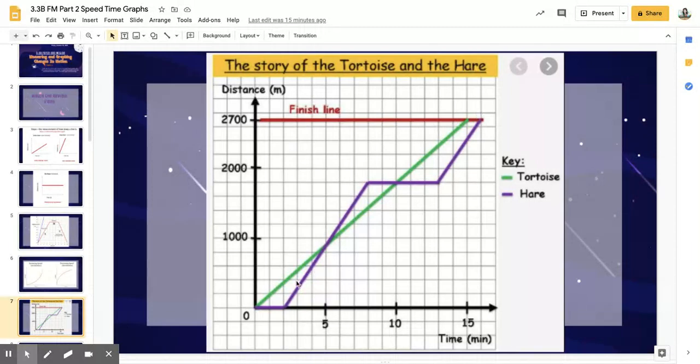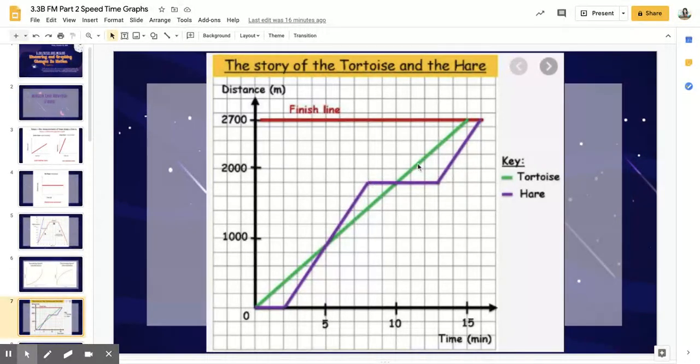The hare, on the other end, at the starting line, did he start right away? No. We see a purple horizontal line. What does that mean, horizontal lines? That means that he had stayed for 2 minutes. He had stayed put, didn't move. And then at the 2-minute mark, that's when he started moving at a constant speed.